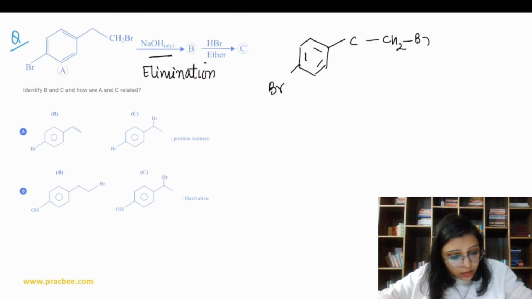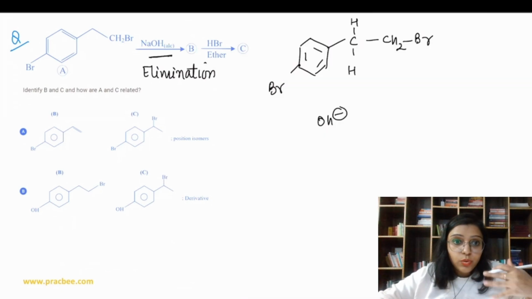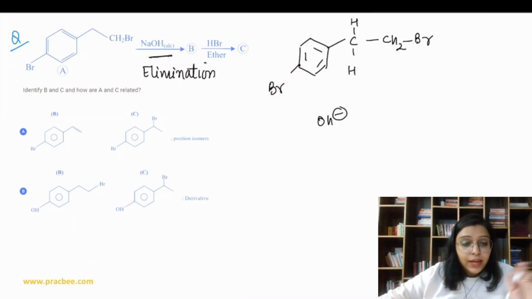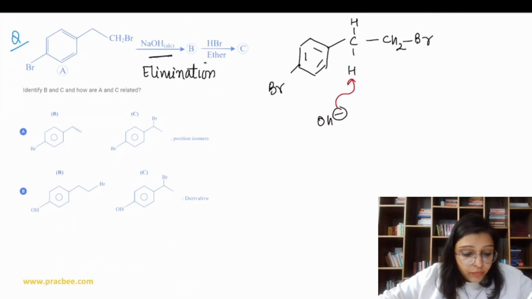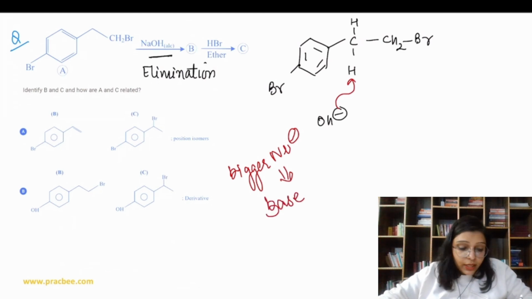Here we have hydrogen, and here we have hydrogen. Alcoholic NaOH is going to be a base. If we have aqueous NaOH, then it is going to act as a nucleophile. Alcoholic NaOH acts as a base, because bigger nucleophiles are going to act as base. And what is a base? It abstracts a proton.